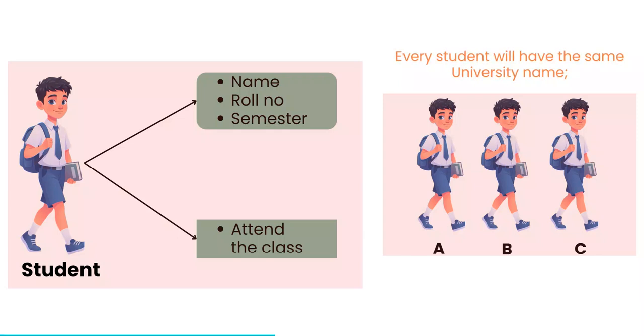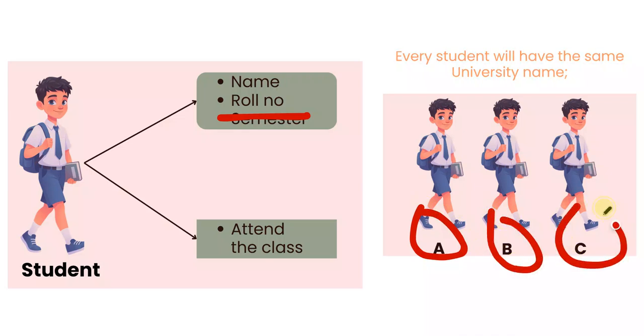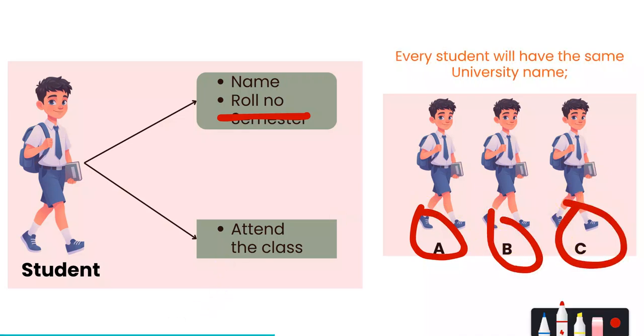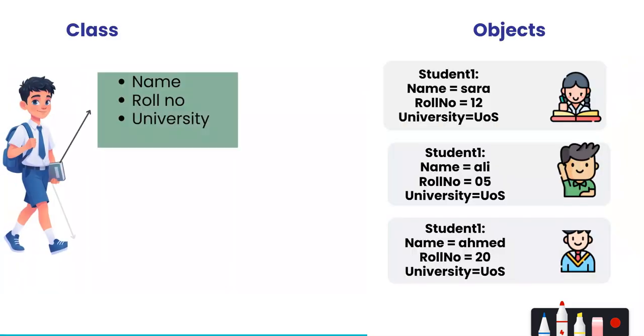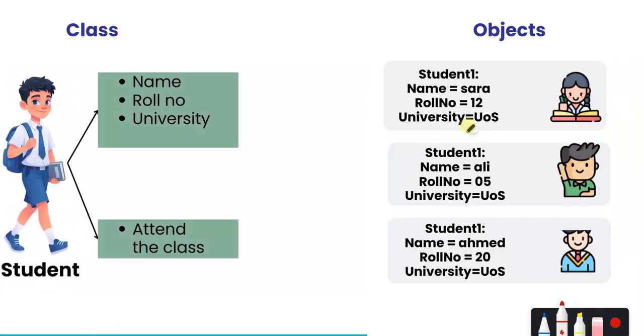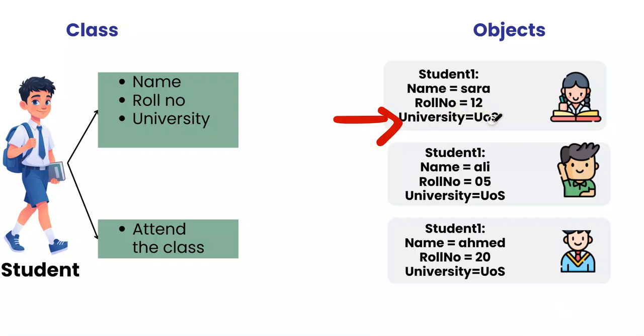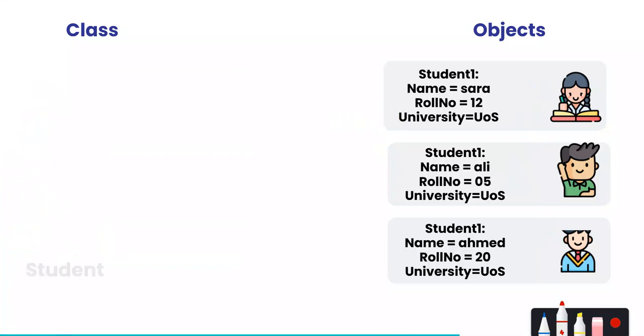In such cases, when something is constant, the same value will be copied to the objects, and we will not allow any object to replicate it. For example, if the university name should be UOS, then every object should have only the UOS.